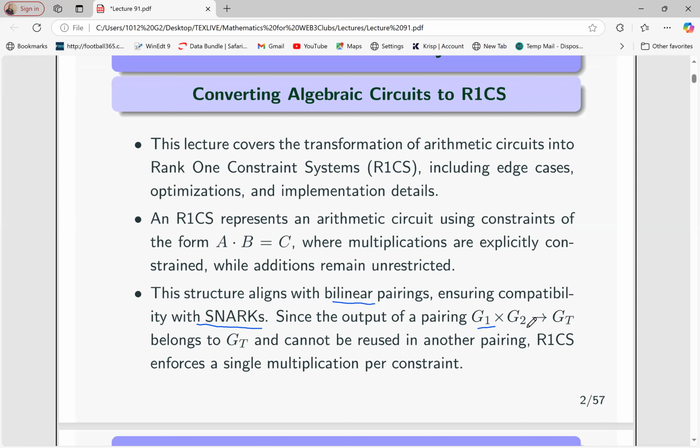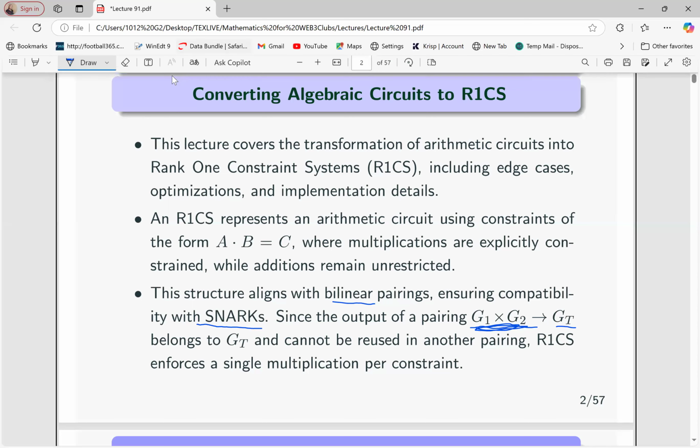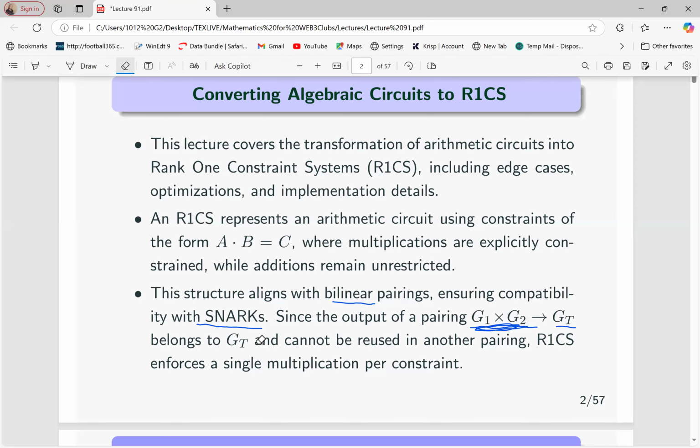We recall this bilinear pairing, where these are the inputs, the pairing groups, and this is the target group. We will not go back to this, but the knowledge of rank 1 constraint systems will align very well with the bilinear pairings that we already did. That will be very important to us, and again, it will be aligning with the ZK SNARKs. That is what we'll be looking at when we begin the zero knowledge proofs.